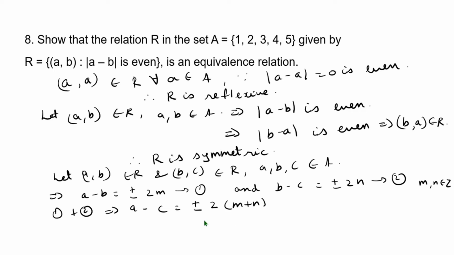So it means mod a minus c is also even. Therefore, a comma c belongs to R, which means R is transitive.